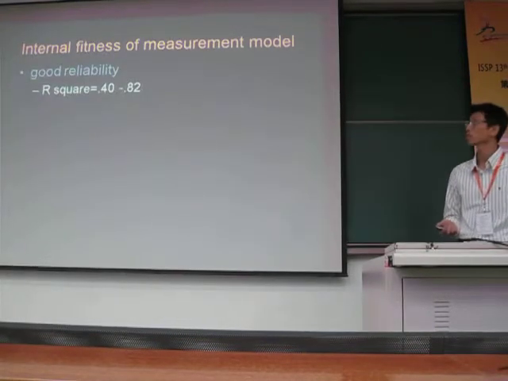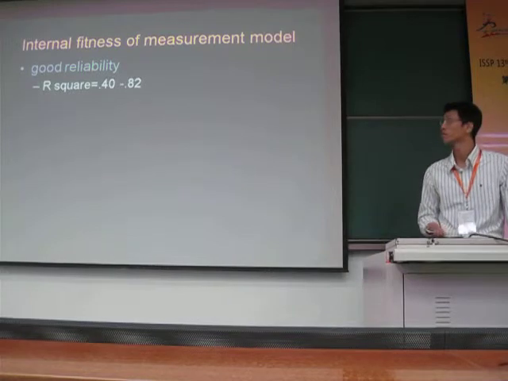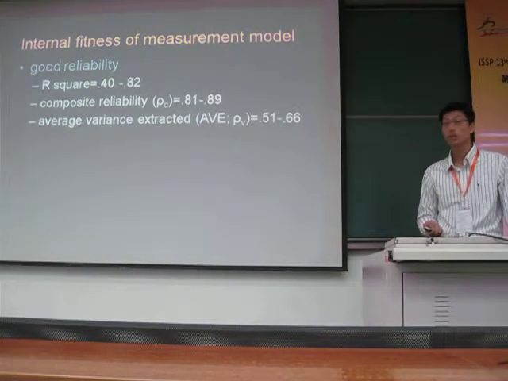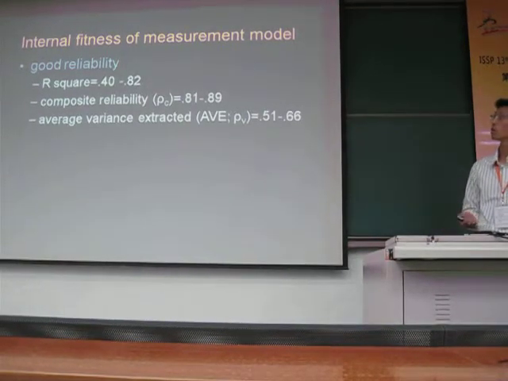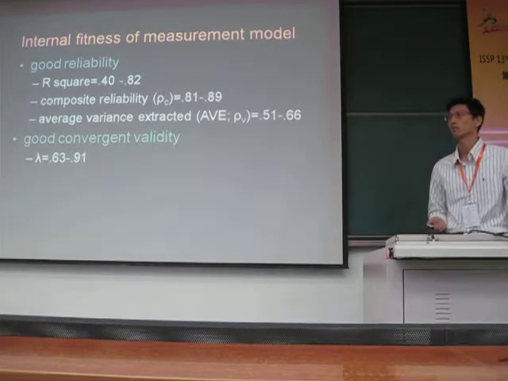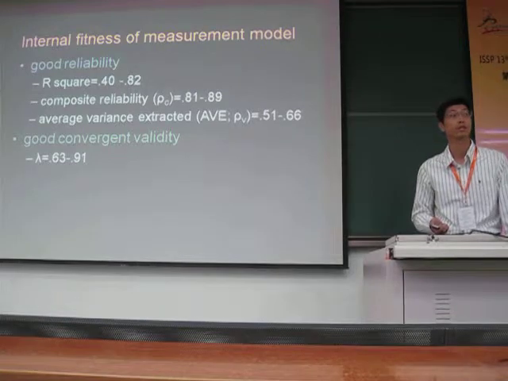With respect to the internal fitness, values from R-squared, composite reliability, and average variance extracted show that this scale has good reliability. All factor loadings show that this scale has good convergent validity.